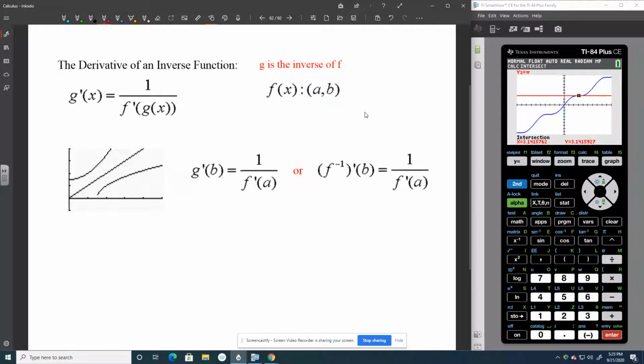But basically what it's saying is just that the derivative of our inverse is the reciprocal of our original function's derivative. So if the point (A, B) is on f of x, the derivative of G at B is 1 over our original function's derivative at A. Okay, which is what we just did.